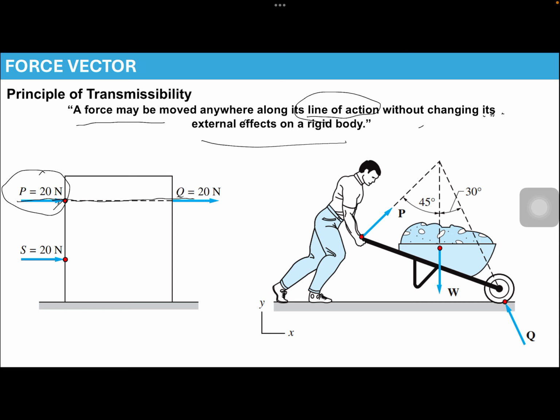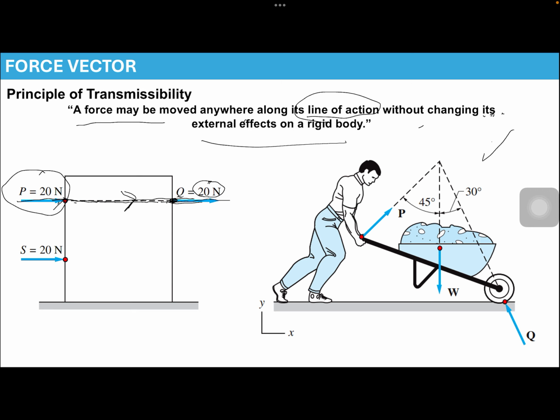So, ibig sabihin, it is consistently pushing yung object natin towards the right. So, kung ililipat mo siya dito sa point na to, equal to 20 Newton pa din siya and going to the right pa din. So, ang effect pa din niya sa rigid body is the same. It moves the body to the right direction.